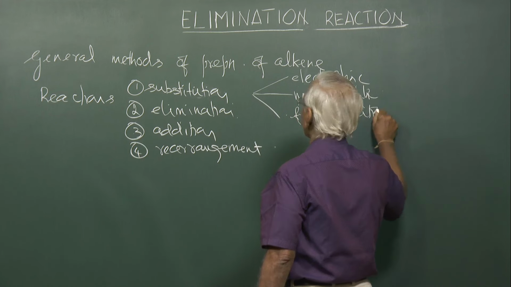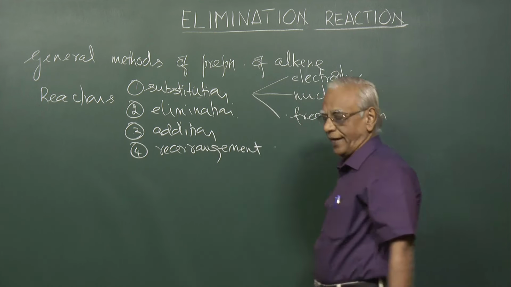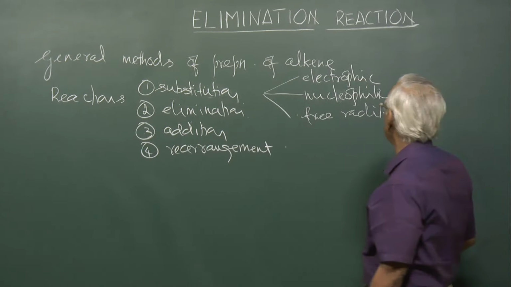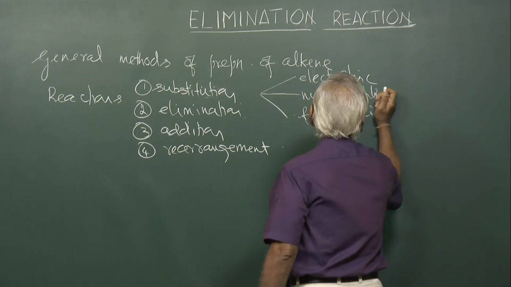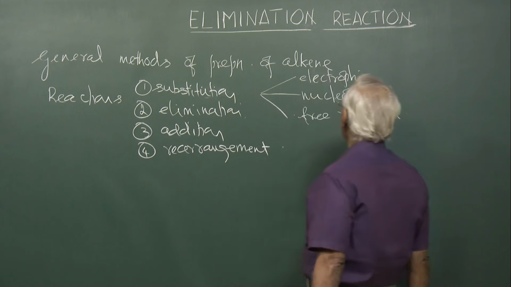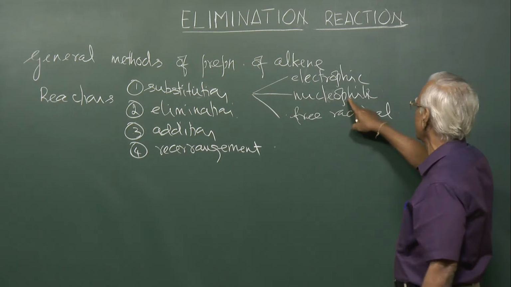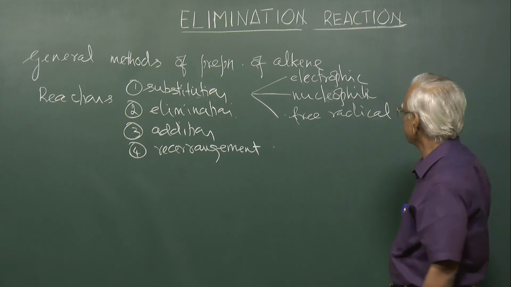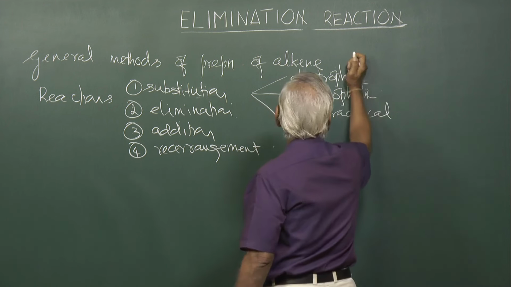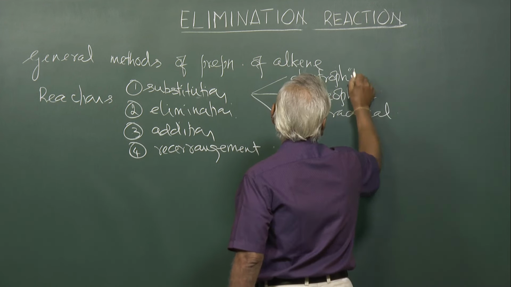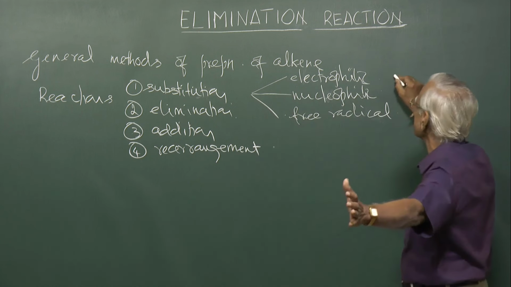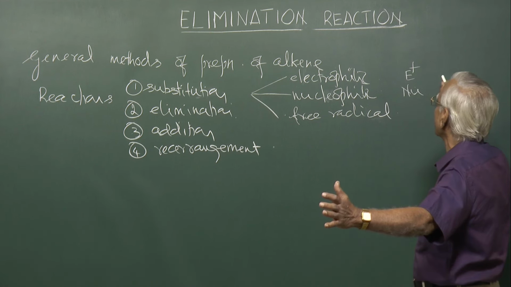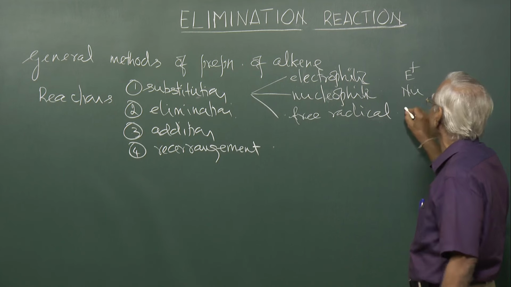And therefore 4 into 3, 12 types of mechanisms we will be seeing: electrophilic substitution, nucleophilic substitution reaction, free radical substitution reaction. Based on the nature of the reagent, here the reagent is going to be an electrophile, electron deficient compound. Here this is going to be a nucleophile, electron rich species, and this is going to be a dot, free radicals.